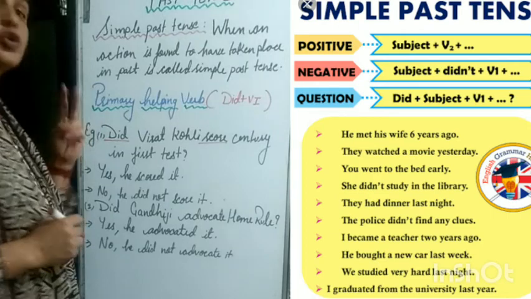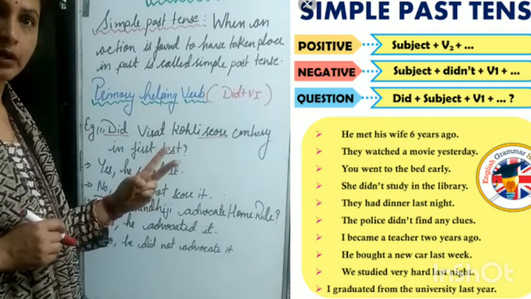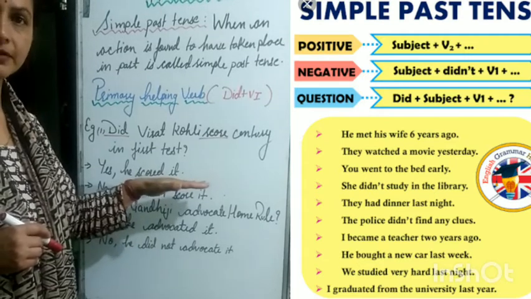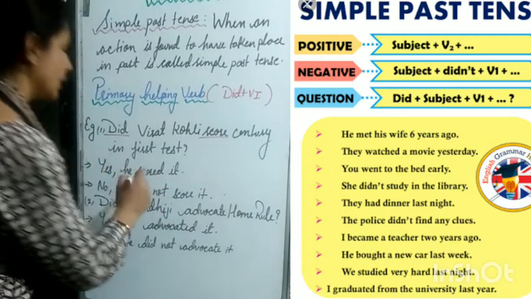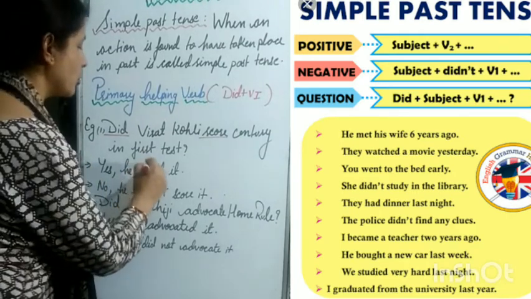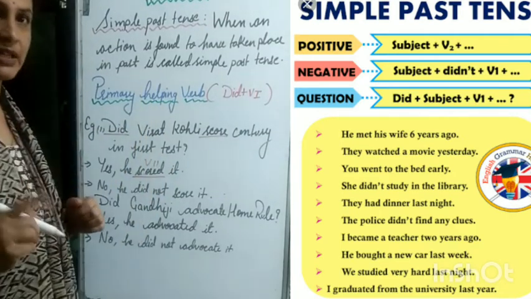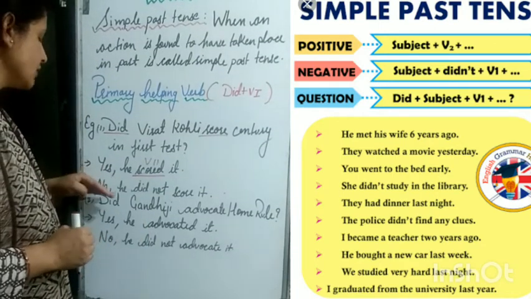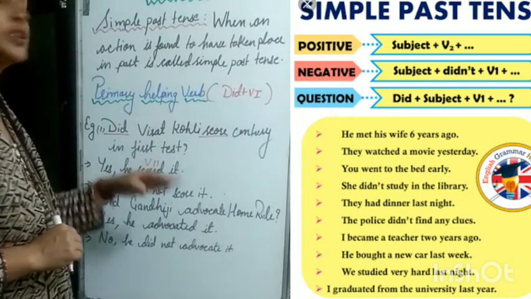Now it has two possible answers. Yes, he scored it. This is affirmative sentence, and in affirmative sentence we use second form of verb. If we go for other answer, negative answer, no, he did not score it.